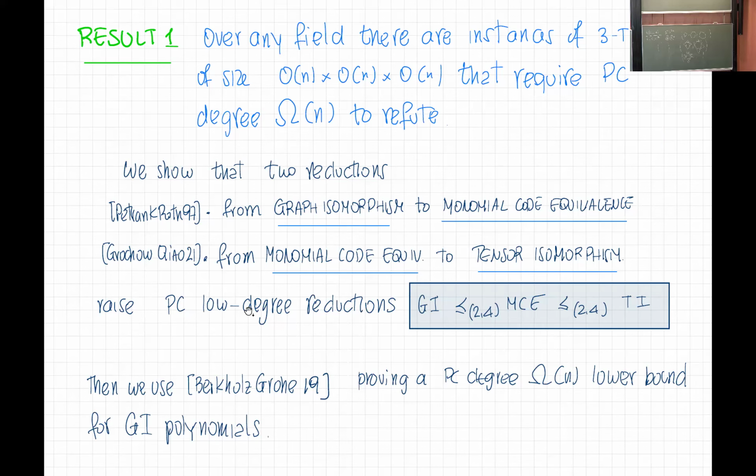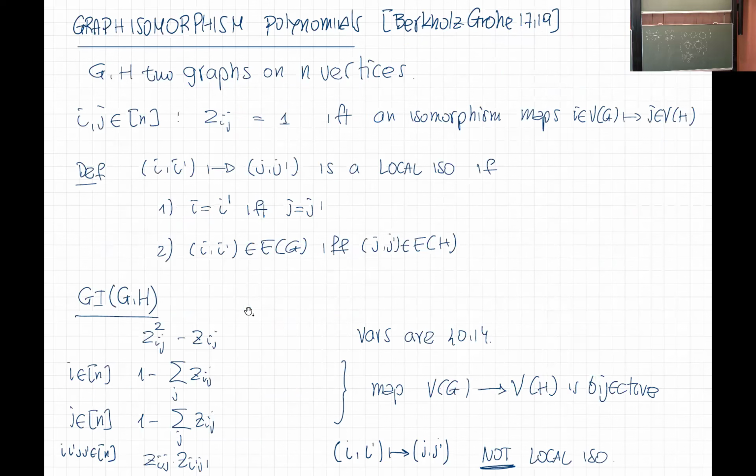And we can prove that this reduction can be turned into a small low degree PC reduction. I just want to give you the encoding of the graph isomorphism problem to make you understand where we are reducing. I think that Albert was also explaining this yesterday evening.